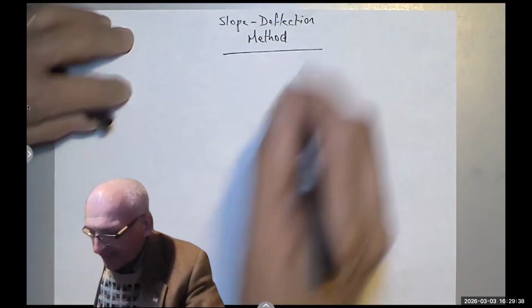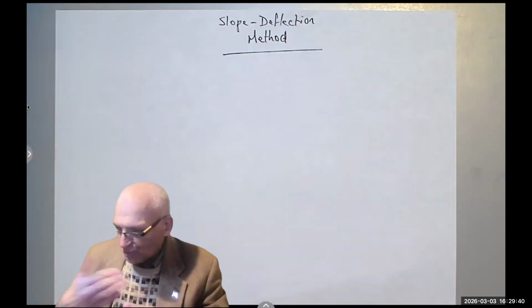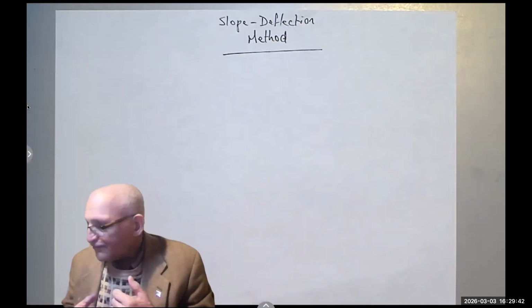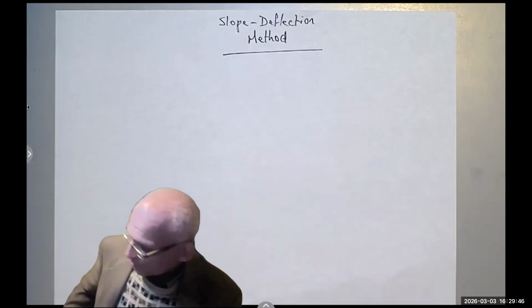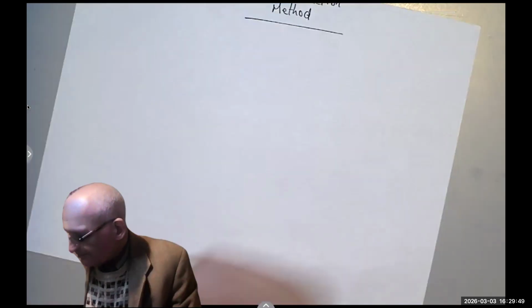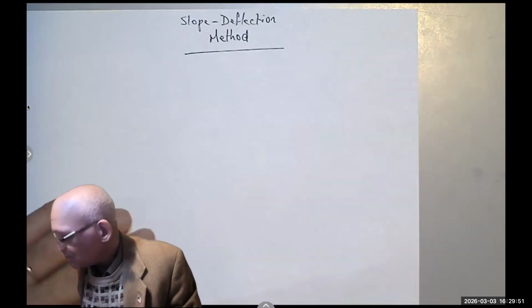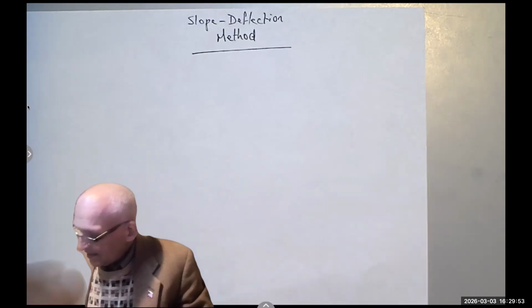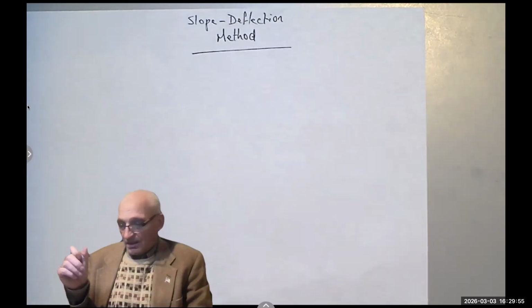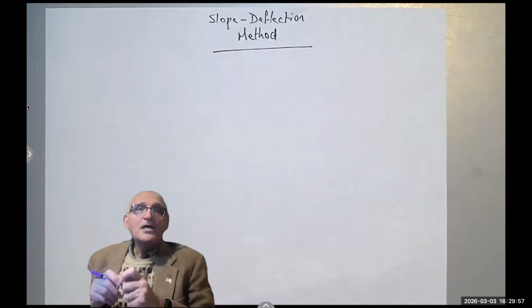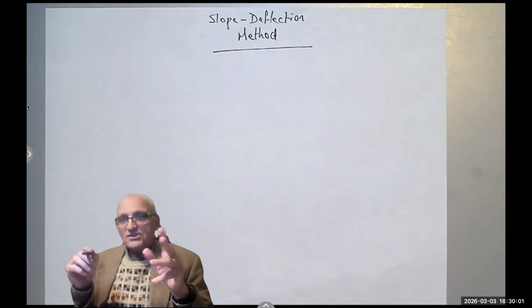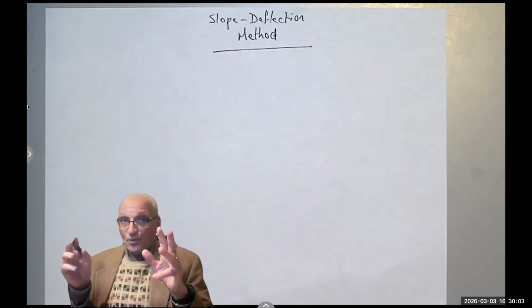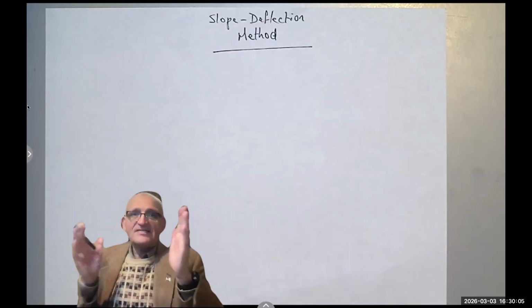The slope deflection method is done in two steps. The first step, for every bay, so to speak, in your continuous beam, we are going to go to the internal supports and fix them.